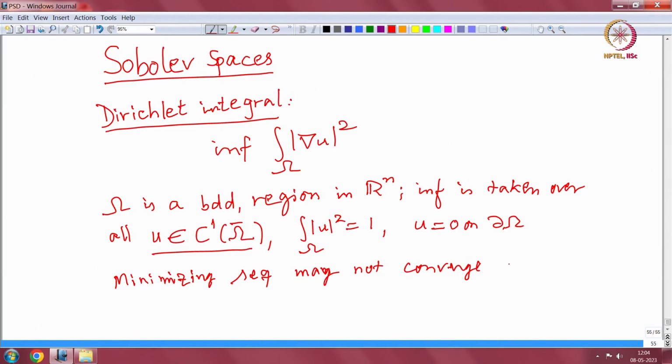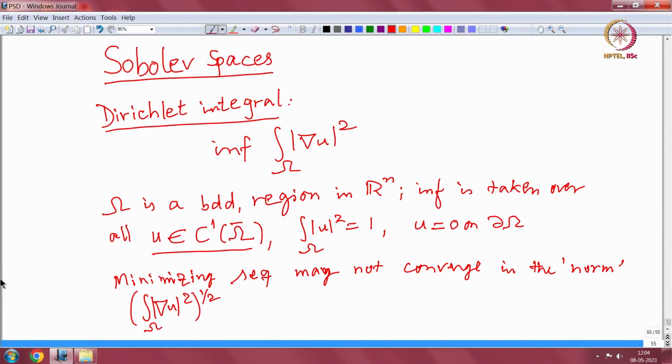We have not shown that it's a norm, but let me put the norm, the integral of del u squared over Omega. So that's the main difficulty, which we have already seen even in the case of continuous functions with an integral norm.